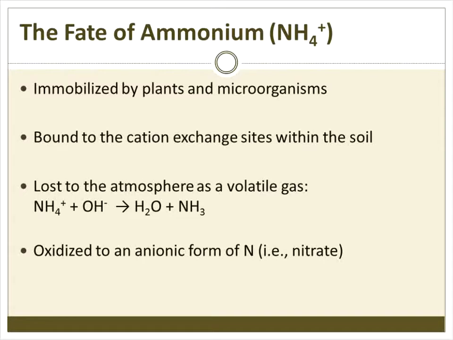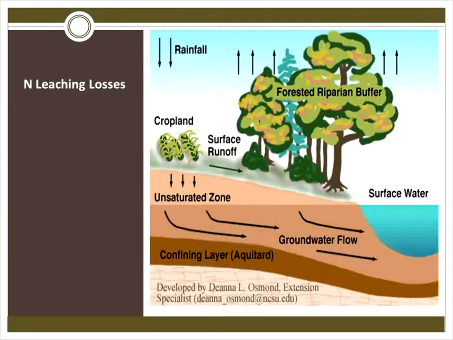So the ammonium and hydroxide form to produce water and ammonia gas, and it can be oxidized to nitrate. So again, there are many pathways for ammonium loss. I would say the predominant form of loss in our systems in North Carolina is the oxidation to an anionic form of nitrogen, that is nitrate. As we talked earlier, ammonium flips very quickly in our soils to nitrate.